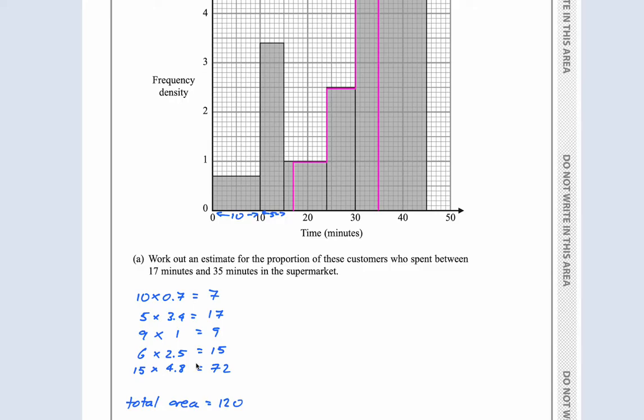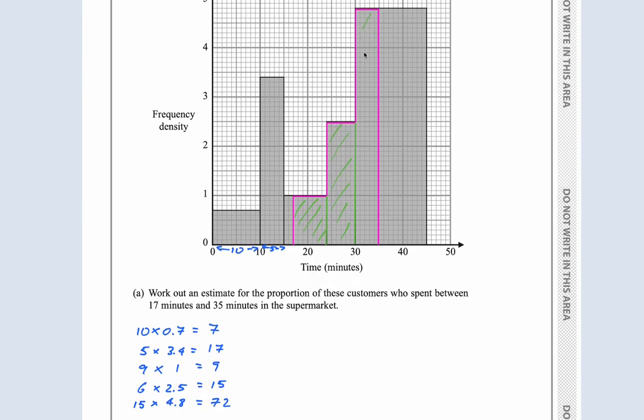But what I want to find out now is how many people went between 17 and 35 minutes, which is this bit here. So I'm going to split it up now into 3 different bars. I'm going to do this one, I'm going to do this one, and then I'm obviously going to do this last one here. So I'll find this total green area, and then I can just divide it, and that'll give me my answer.